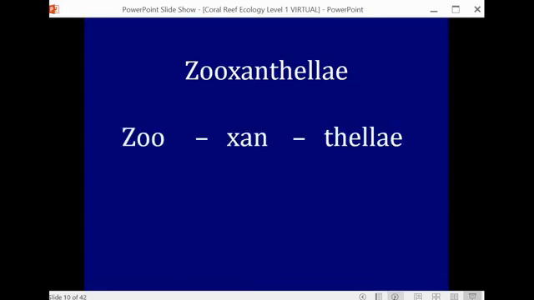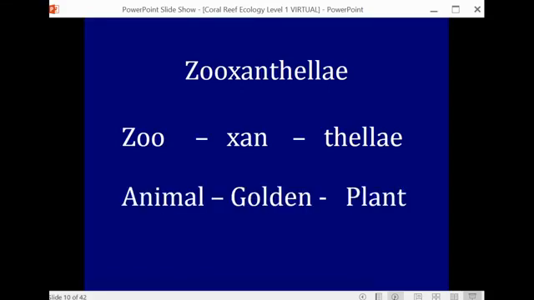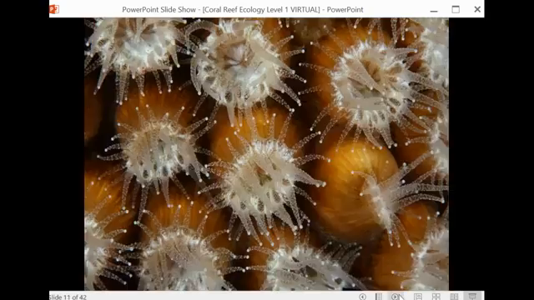And our zooxanthellae lives in a coral's belly. Zooxanthellae in the coral belly. Zoo, Z-O-O, animal. Zooxanthellae, animal, golden plant. It's not an animal at all, okay? It is an algae. That's important to remember. But it's an algae that you're going to find inside of all of our coral polyps.